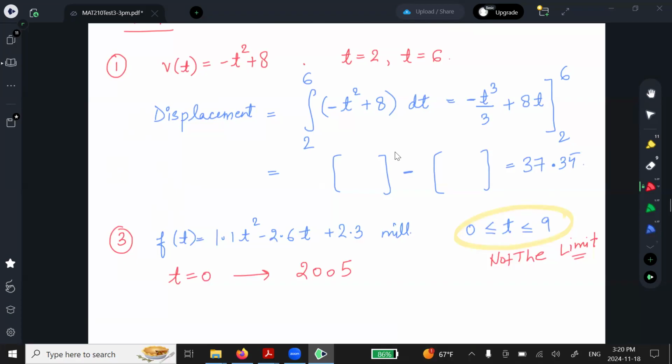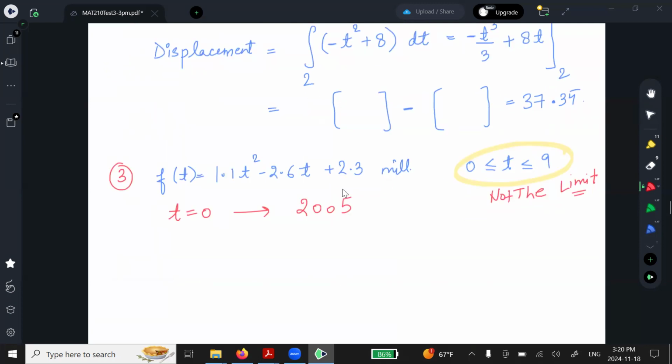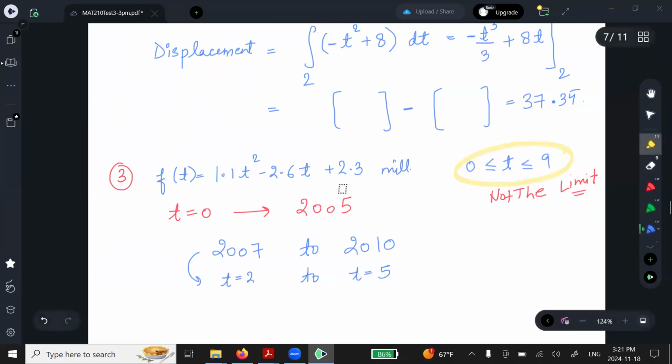Use a definite integral to estimate the total number of hours uploaded from 2007 to 2010. What is that t value? t equals 2 up until t equals 5. Now these are your limits for your integral.